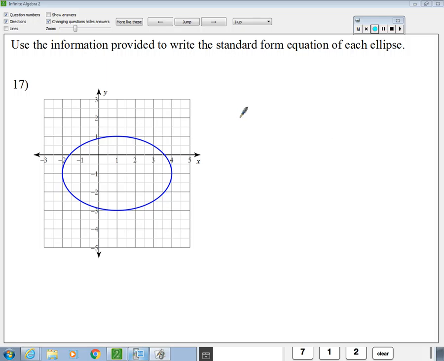You're going to have to show that it went right 1, so minus 1, and down 1, so plus 1. Now, since it's horizontal, that means the bigger number will be under the x.